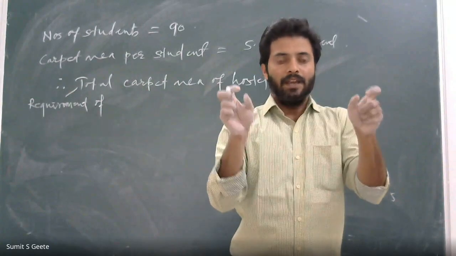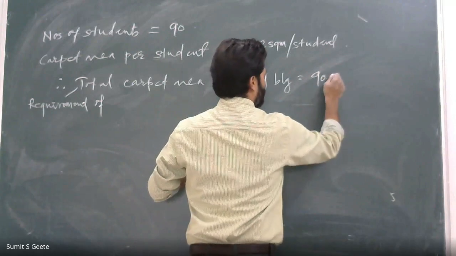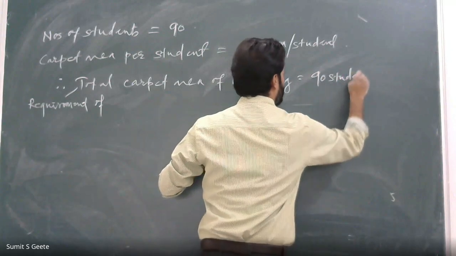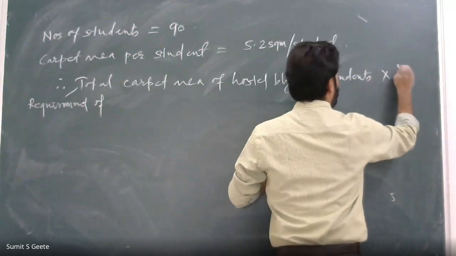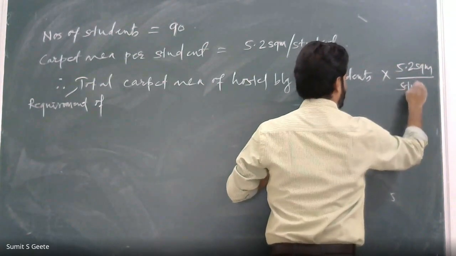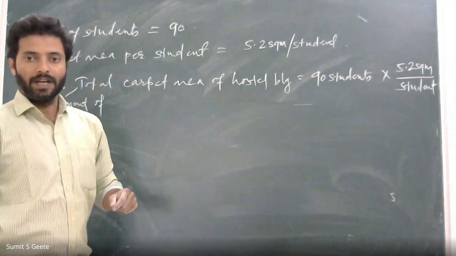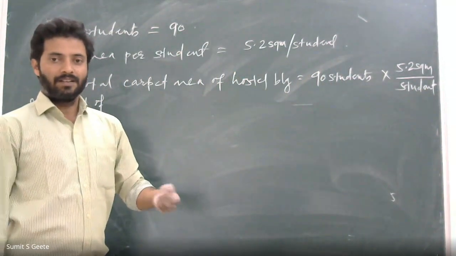So it is simply 90 multiplied by 5.2. So 90 students multiplied by 5.2 square meter per student, right?